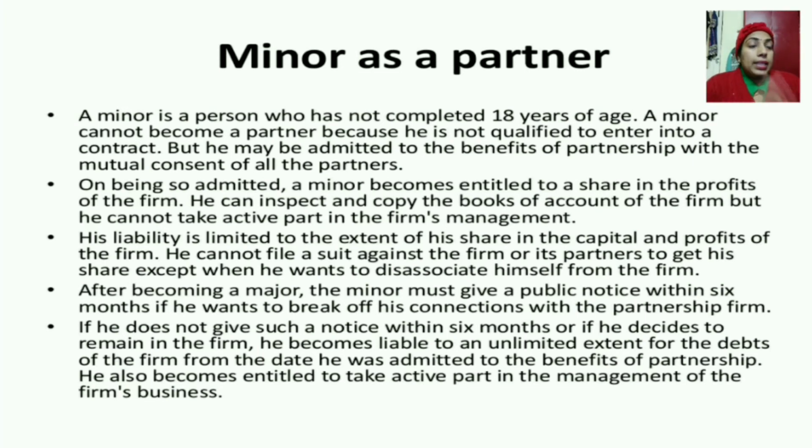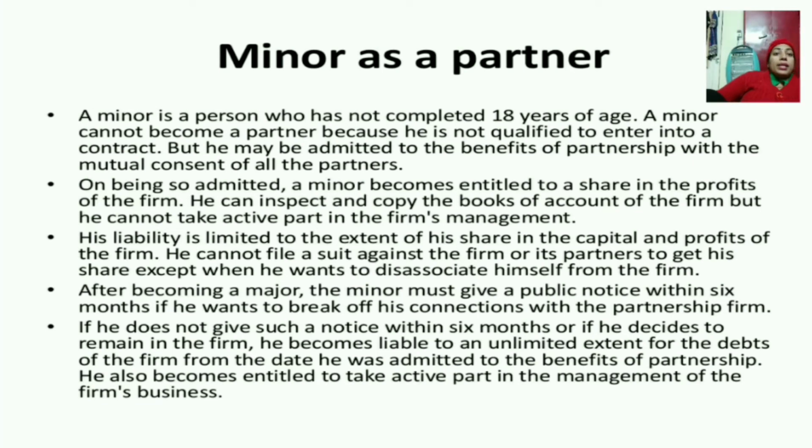His liability is limited to the extent of his share in the capital and profit of the firm. He cannot file a suit against the firm or its partners to get his share except when he wants to dissociate himself from the firm.